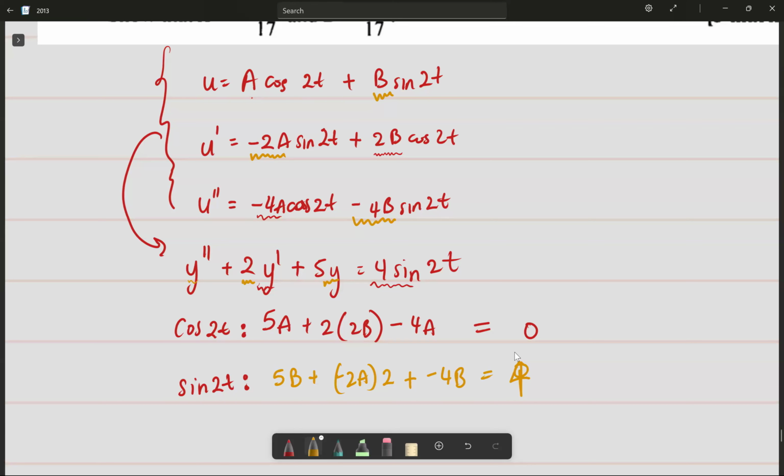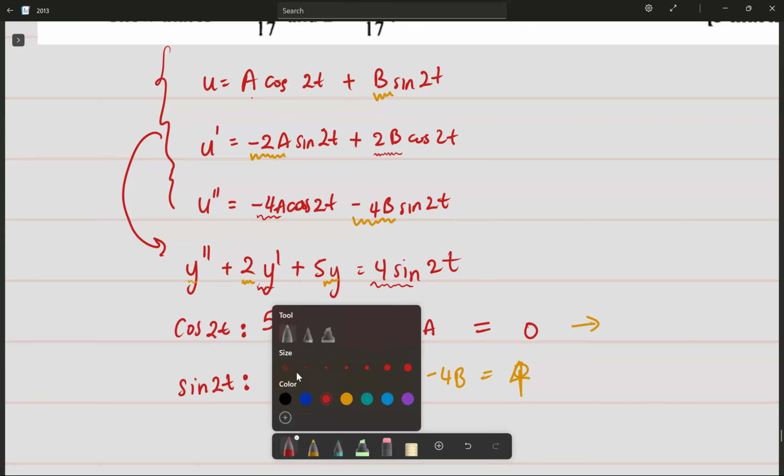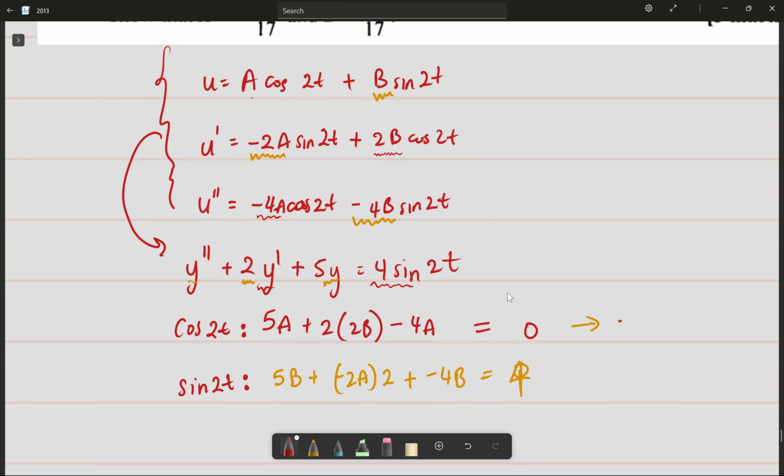Yep, okay, so which method do we use? Elimination? Sure, why not? Okay, so this one simplifies to a plus 4b equals 0. This one simplifies to, so lots of moving parts, that's a b.